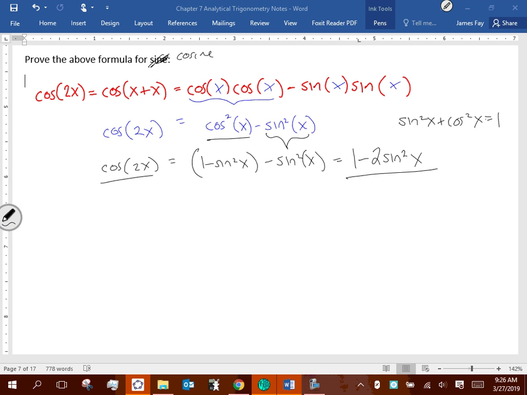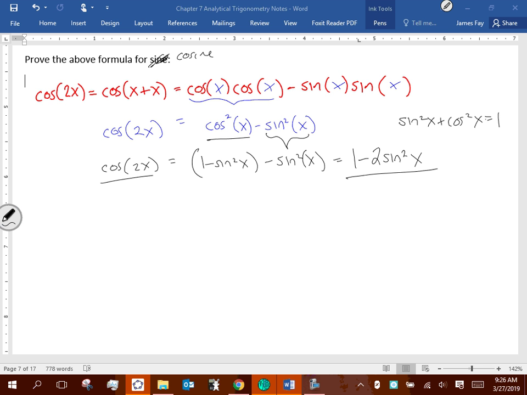What's nice about that, think about this, if I want to find, using the blue one, let's say the cosine of 60 degrees, that blue one is saying you need to know the cosine of 30 and the sine of 30. And that black one, if I want to find the cosine of 60 degrees, is saying all you need to know is the sine of 30. Okay? And it eliminates you having to know an entire point off the unit circle.